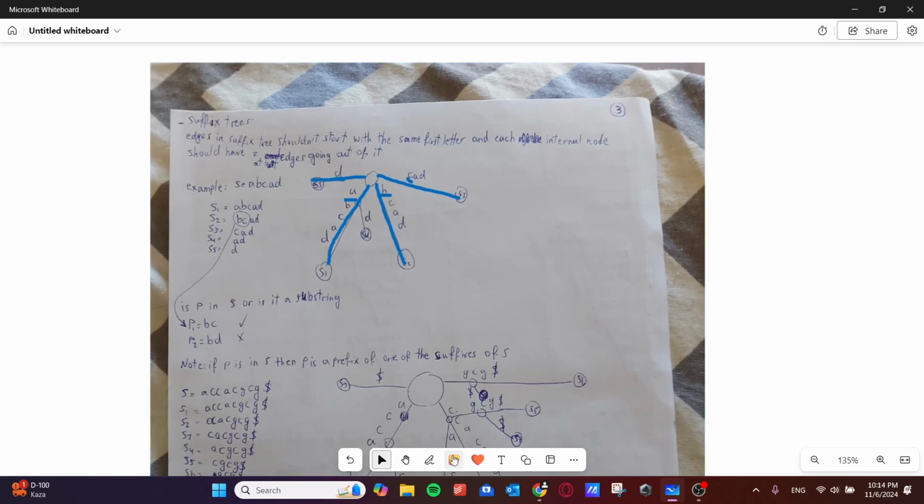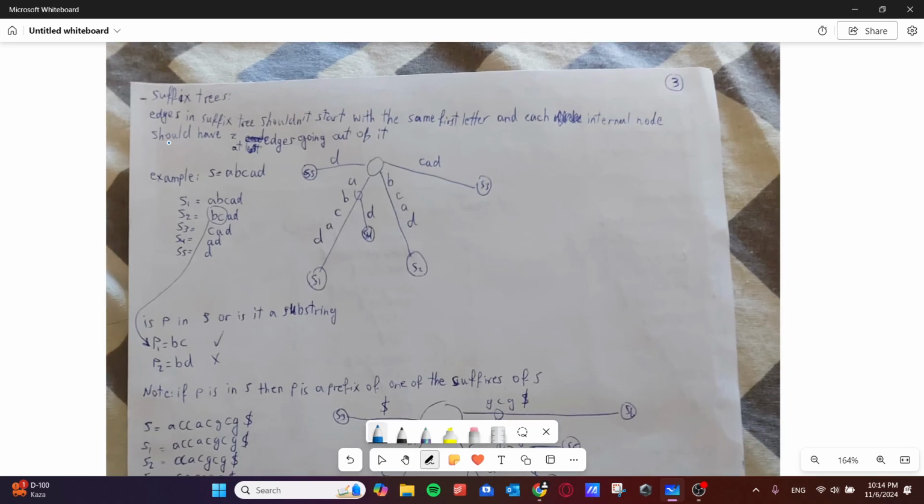Here in the internal node, this one, I have at least two edges going out of it. It could be three, it could be four, it's normal, okay?